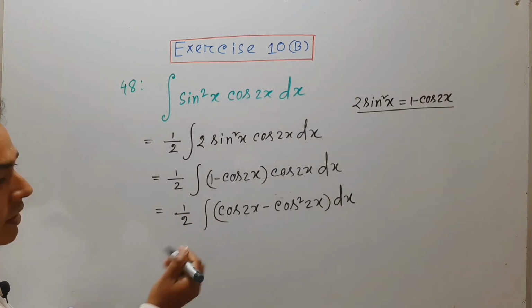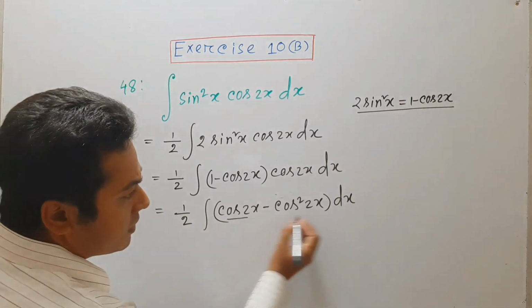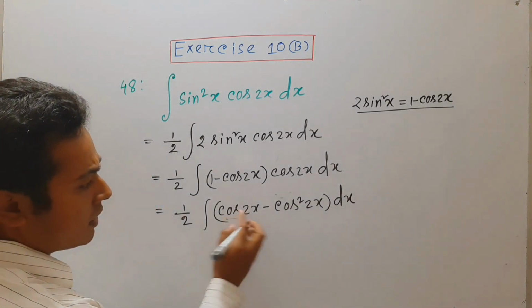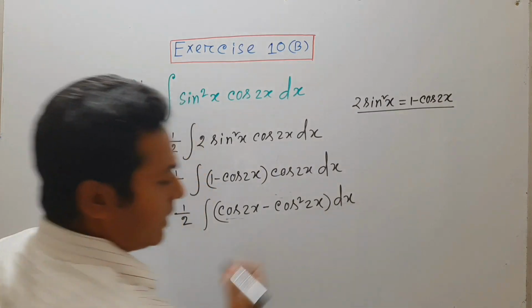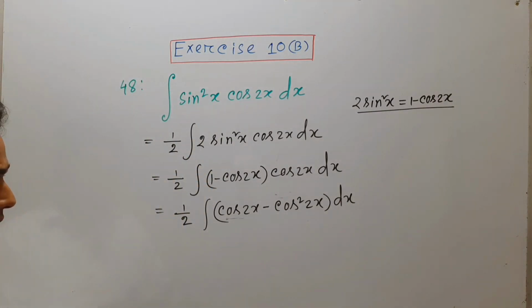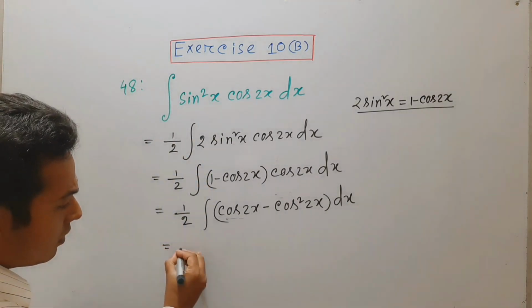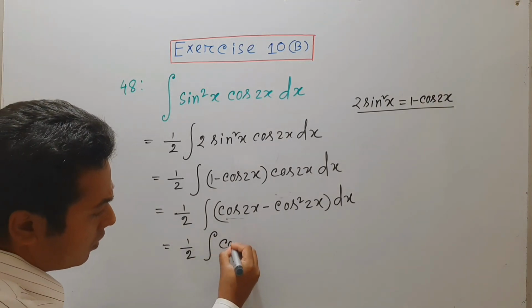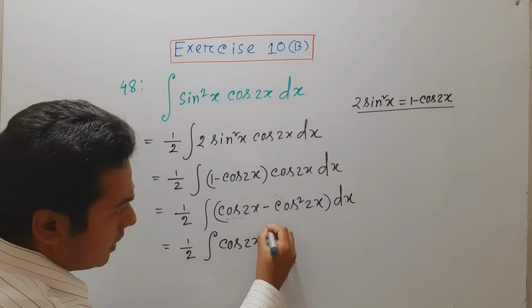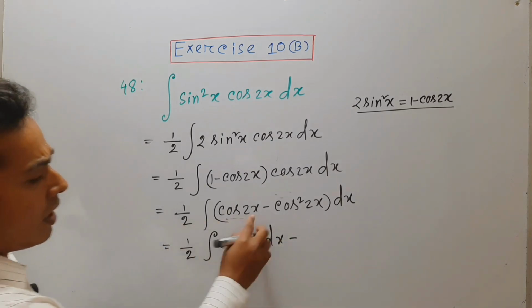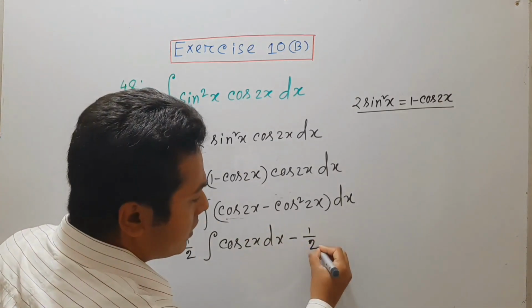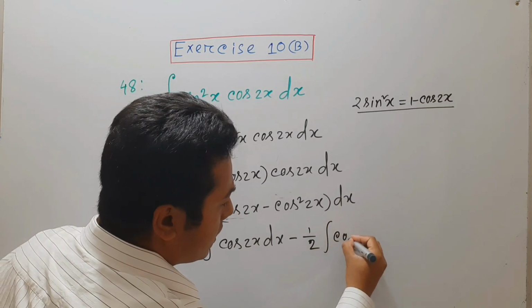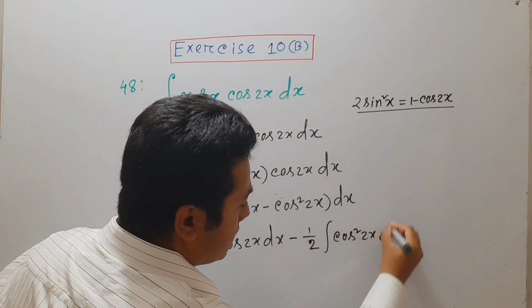Now we can write integration of cos 2x dx and integration of cos square 2x dx. Okay, now half of integration of cos 2x dx and minus half integration of cos square 2x dx.